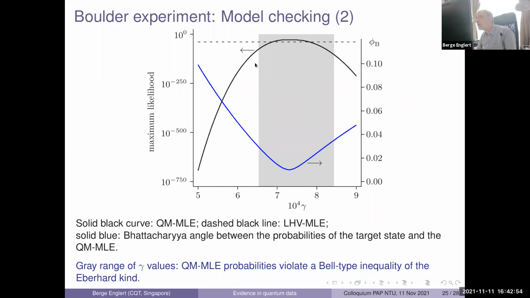It goes up like this and goes down like this. So the black curve is the quantum mechanical maximum likelihood estimate, the likelihood for the quantum mechanics, a maximum of the likelihood. And if you do the same thing for the hidden variables, you just get this constant dashed line.